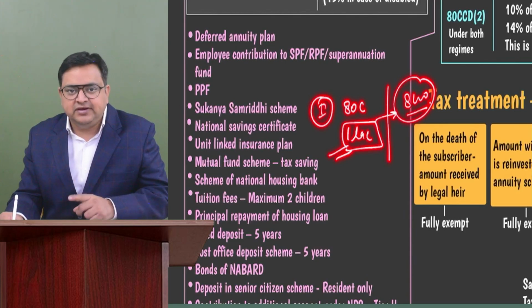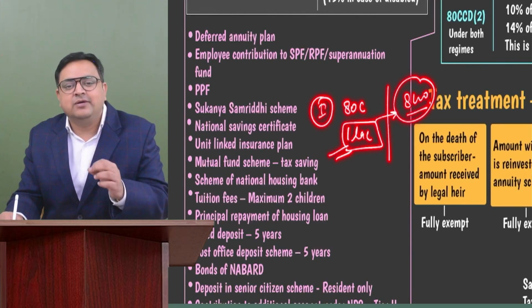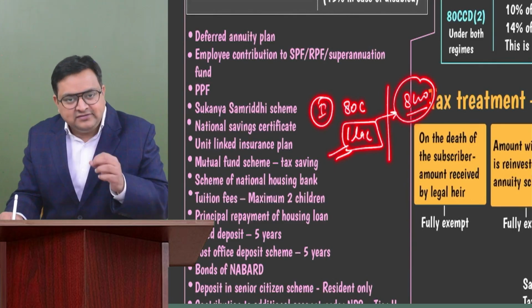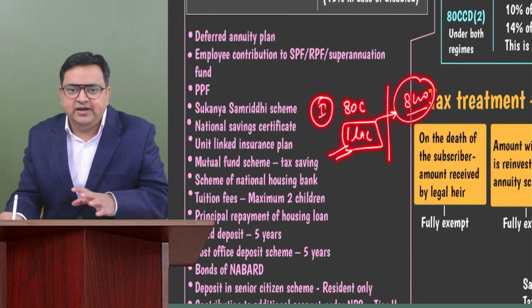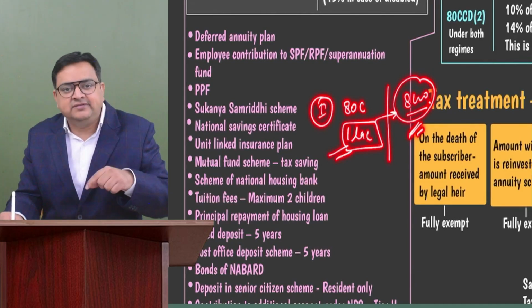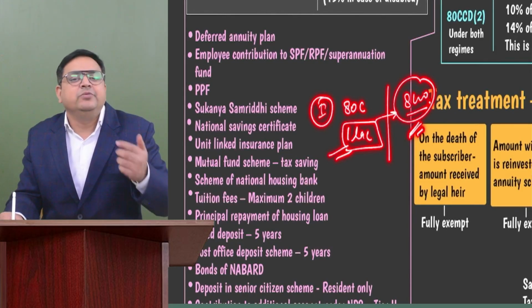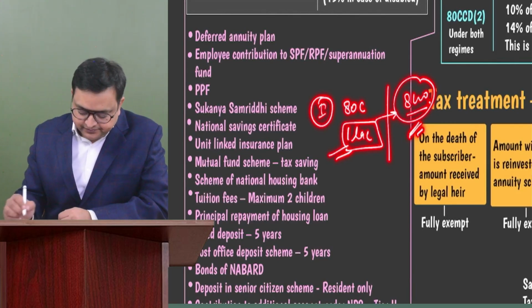Secondly, this NSC interest, specifically I'm talking about NSC, when it is reinvested, it is also eligible for 80C deduction. So in the second year, although we have not invested in NSC directly, this interest is deemed to be reinvested, 80C would be available there as well.